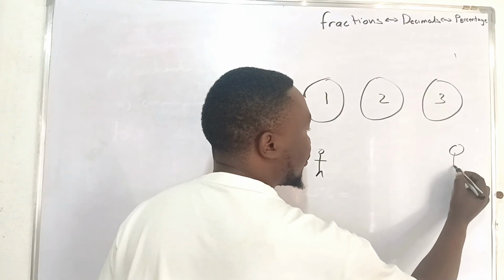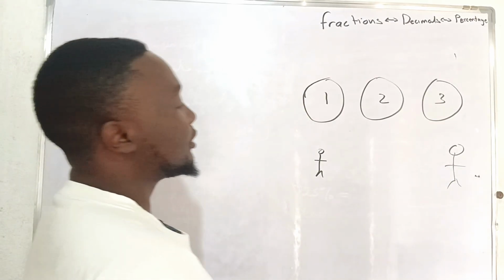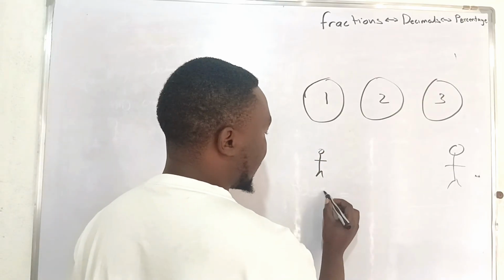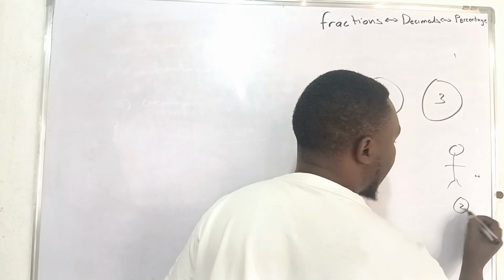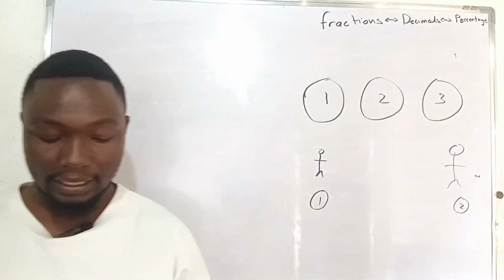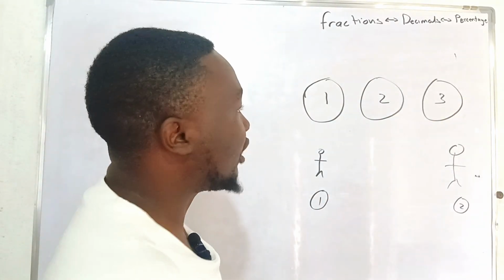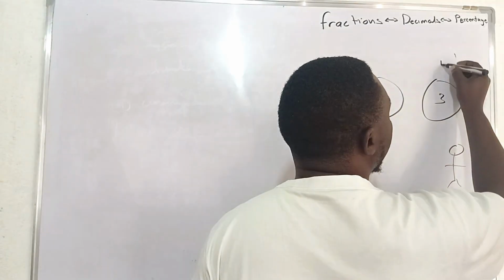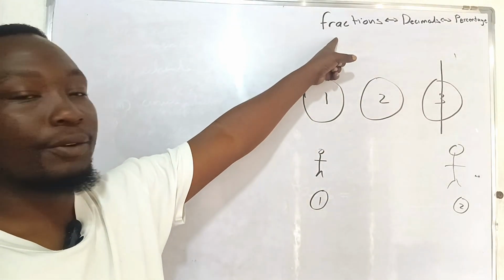The first boy is going to get the first apple, and the second boy is going to get the second apple. And how are they going to share the third apple? Obviously, they are going to split it into half. That is how fractions originate.